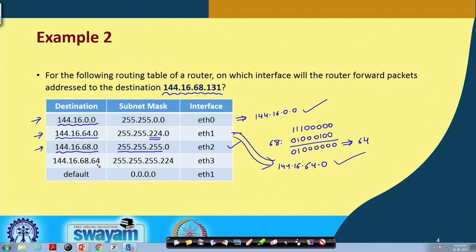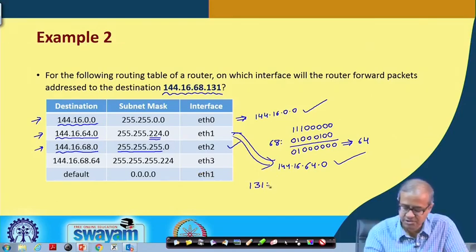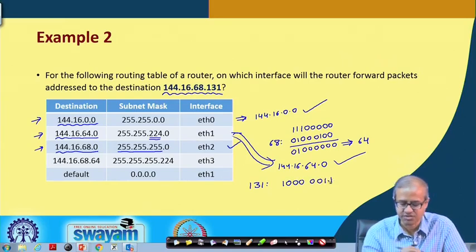The fourth one you can check, here of course, there will be no match, because the first 3, 255, 255, 255, 144, 16, 60, this will remain, and this 224 will get ANDed with 131. Now, say 131 is what? 131 is 128 plus 3, this is 131.